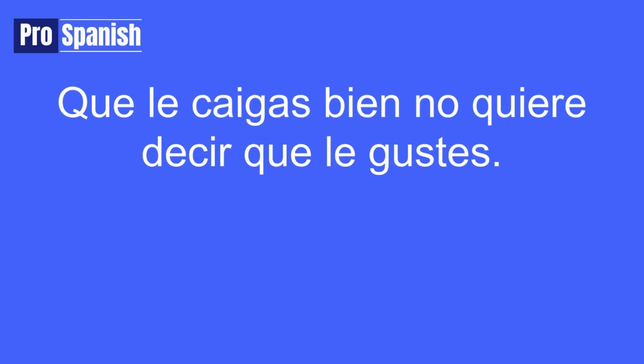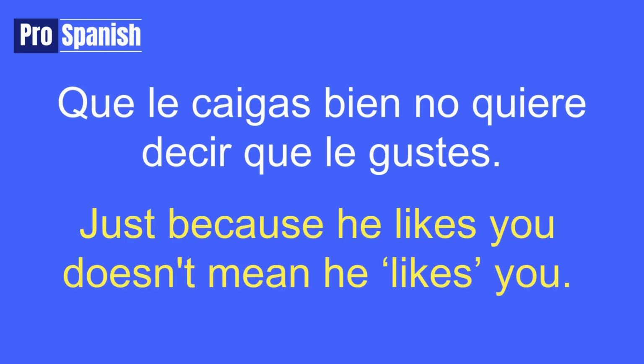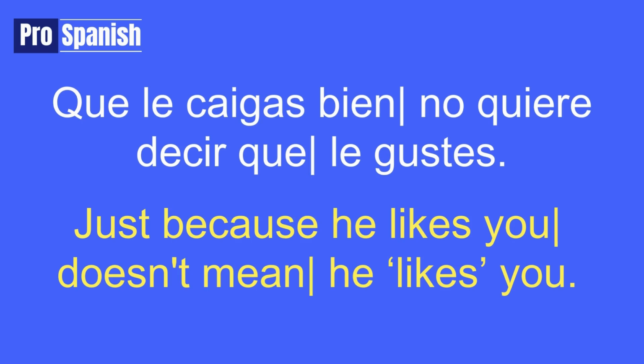So pause the video a moment and see if you can work out the meaning. Okay? Just because he likes you, que le caigas bien, just because he likes you, doesn't mean, no quiere decir, que le gustes, that he likes you, that he's into you.